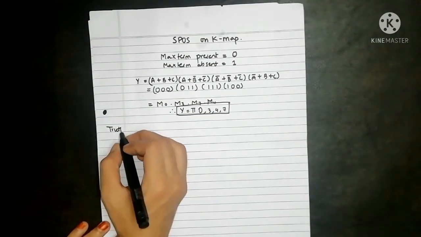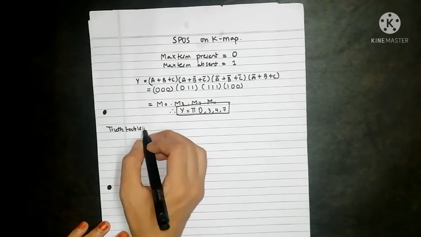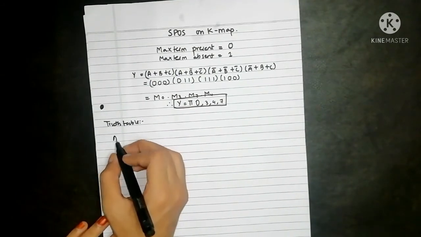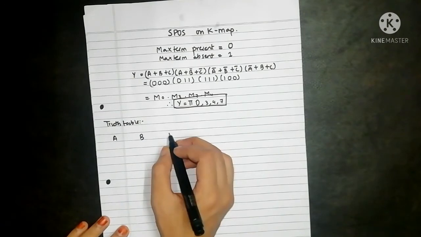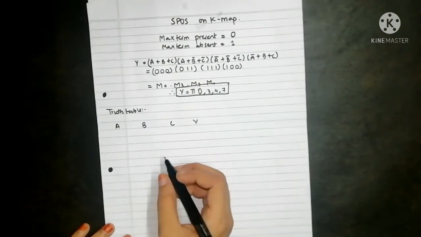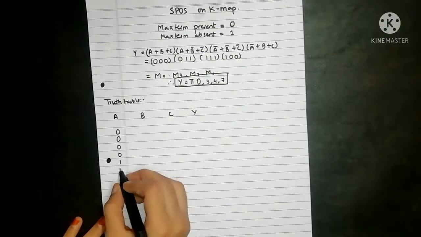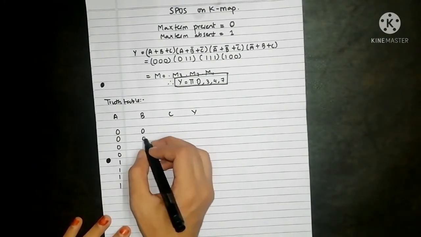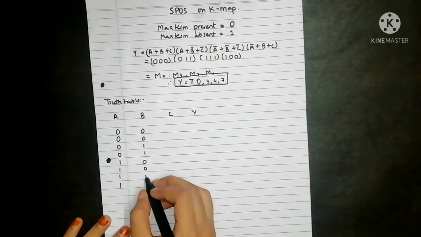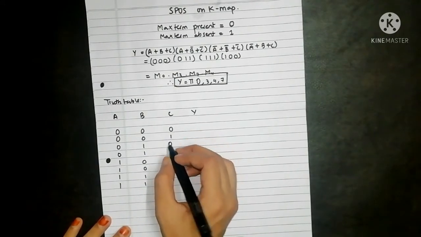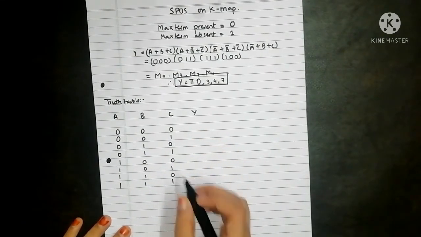Now we will construct the truth table for it. Here are my inputs A, B, C, and the output is Y. So 0, 0, 0, 0, 1, 1, 1, 1, 0, 0, 1, 1, 0, 0, 1, 1, 0, 1, 0, 1, 0, 1, 0, 1.